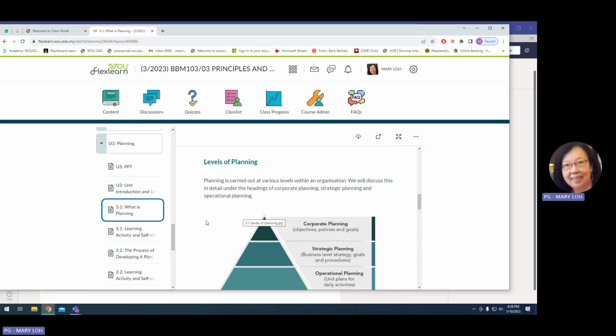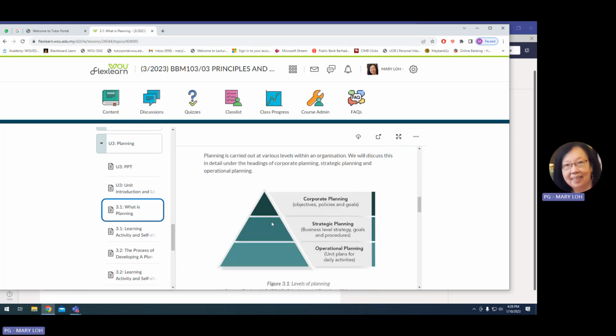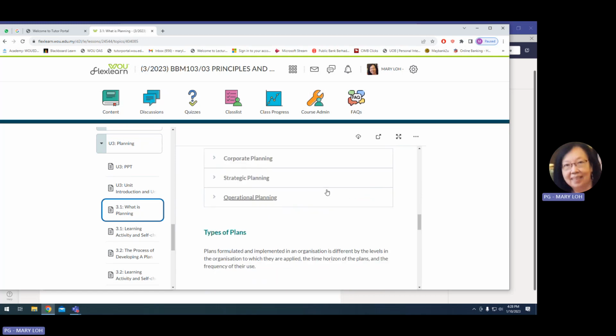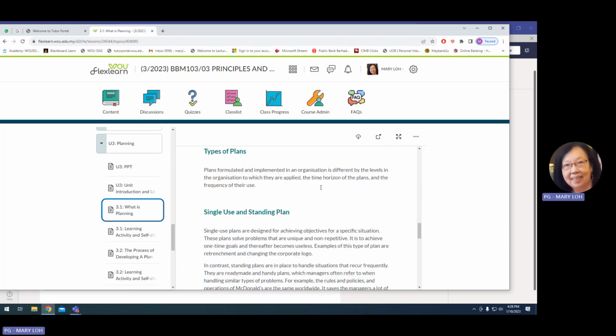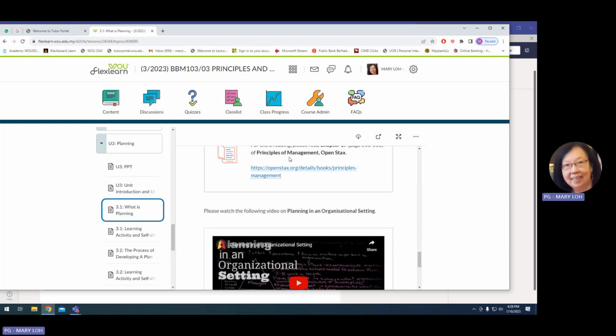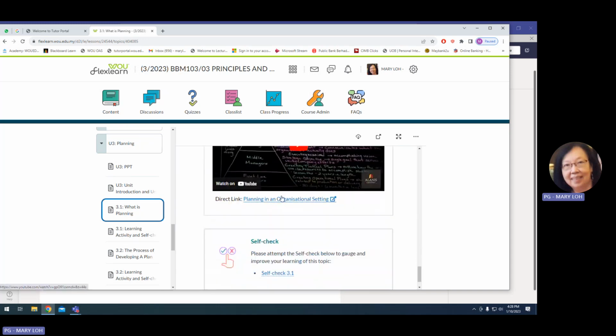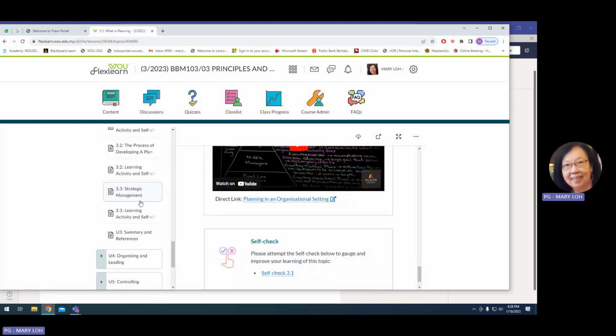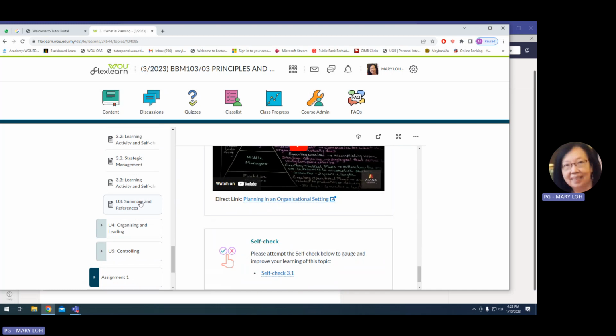Now, the question is not just on planning alone. Planning is just a part of the four functions of management. So therefore, you do not need to go into the different levels of planning, or the different types of plan. All this is actually not required. You are essentially required to explain the meaning of planning itself.